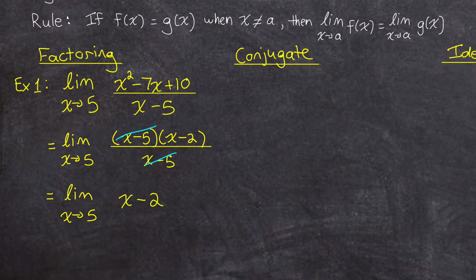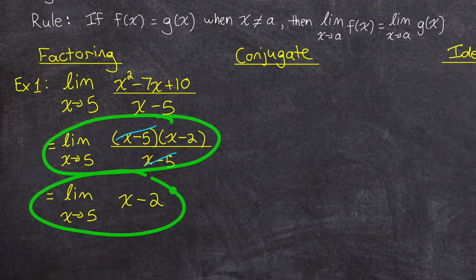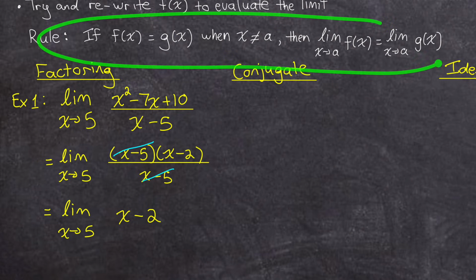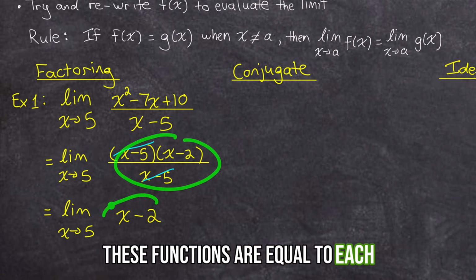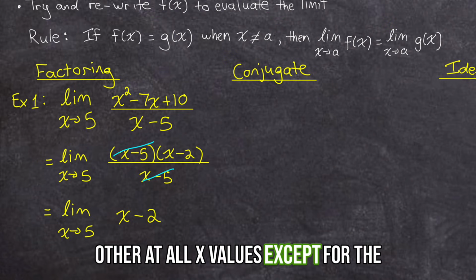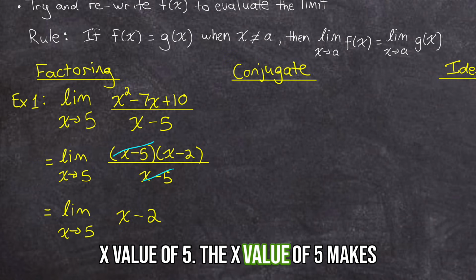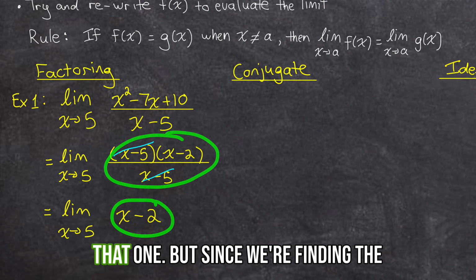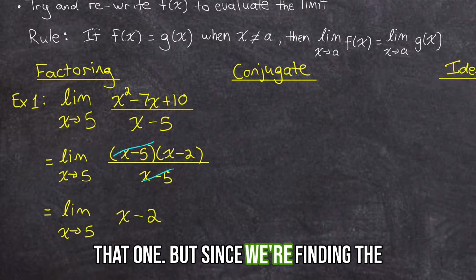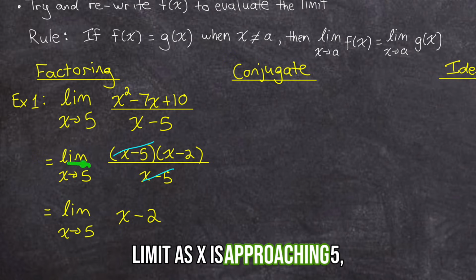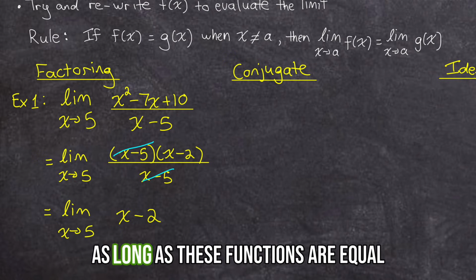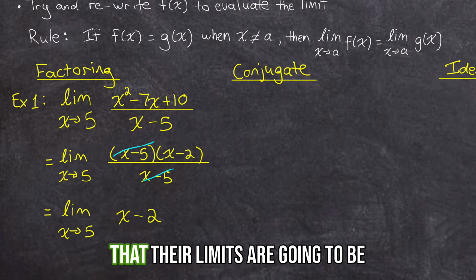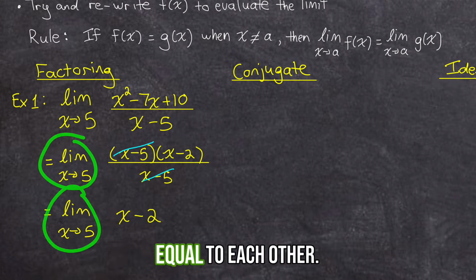Now, being able to rewrite this limit in this format is because of the rule that we have right up here. These functions are equal to each other at all x values except for the x value of 5. The x value of 5 makes this expression undefined, but not that one. But since we're finding the limit as x is approaching 5, as long as these functions are equal at all x values except for 5, I know that their limits are going to be equal to each other.